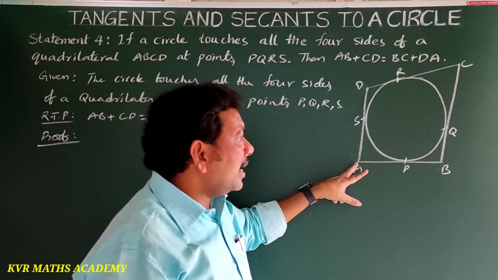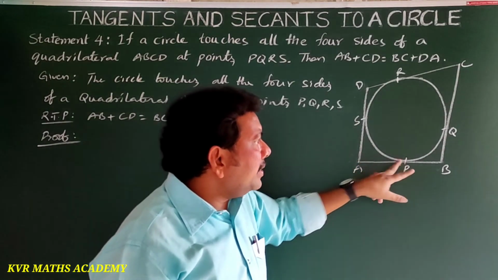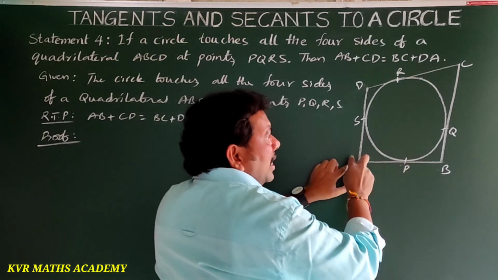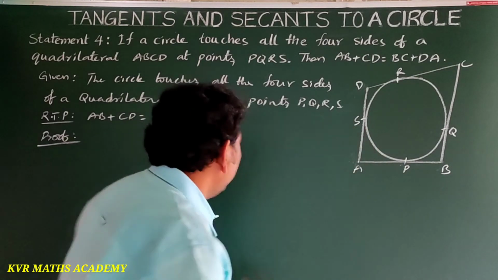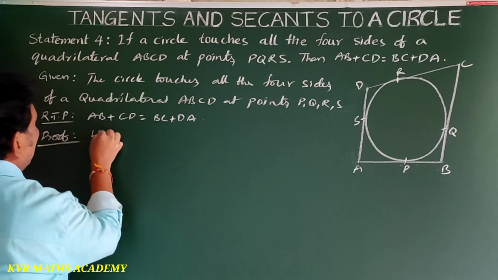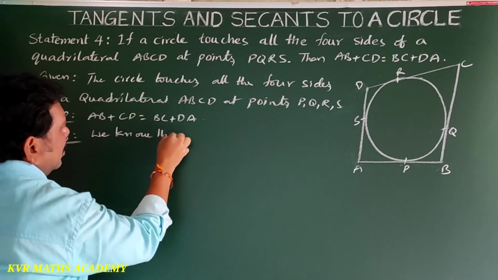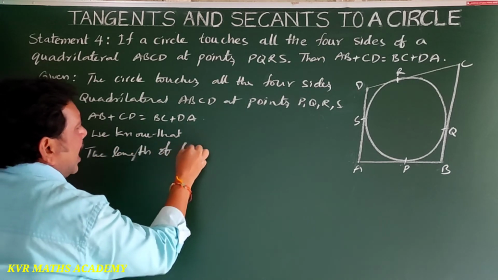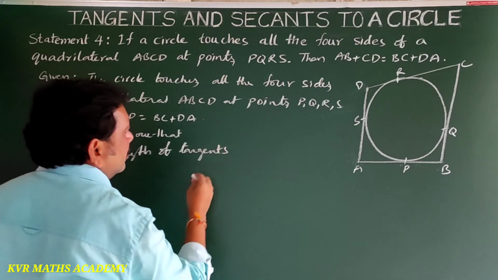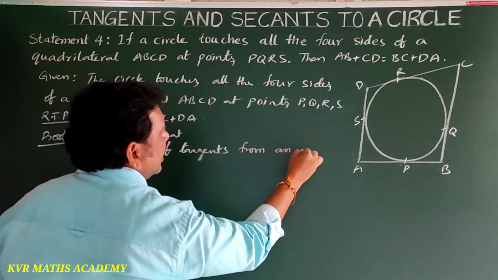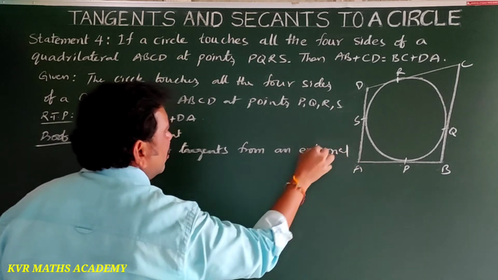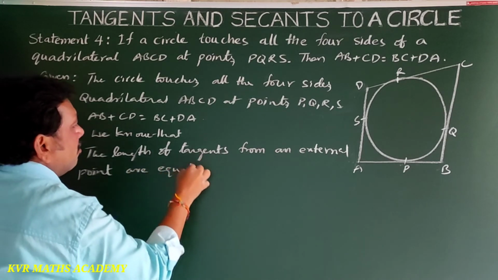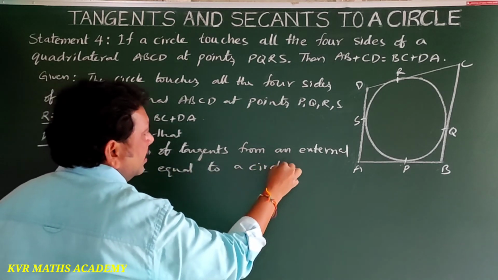Yes, exactly. From this point, AP is equal to AS, isn't it? This is the external point, AP is a tangent and AS is also a tangent, right? We know that the lengths of tangents from an external point to a circle are equal.